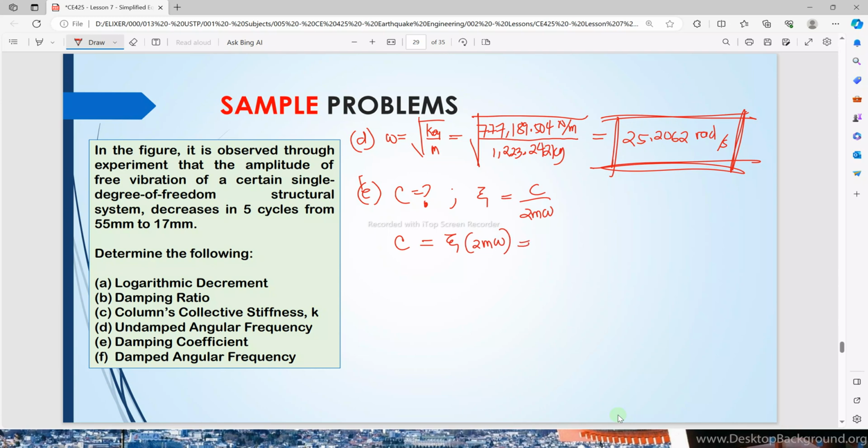So we have our damping ratio 0.0373 times 2 times the mass, 1223.242 kilograms, times omega, 25.2062 radians per second.